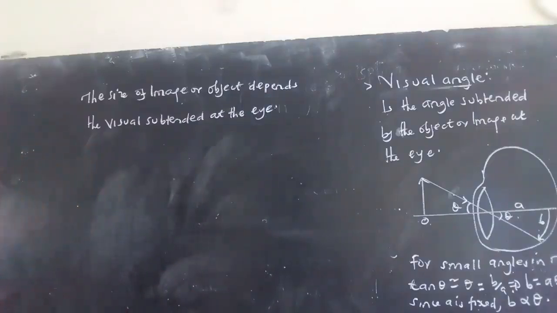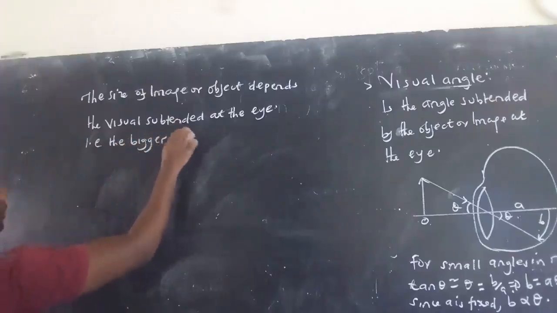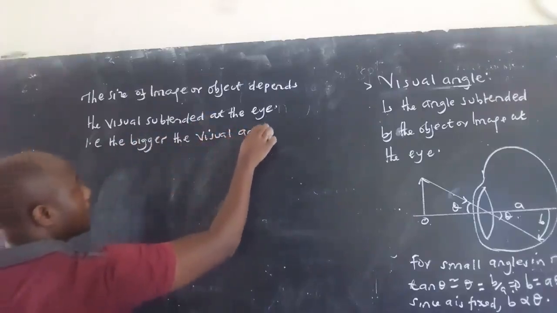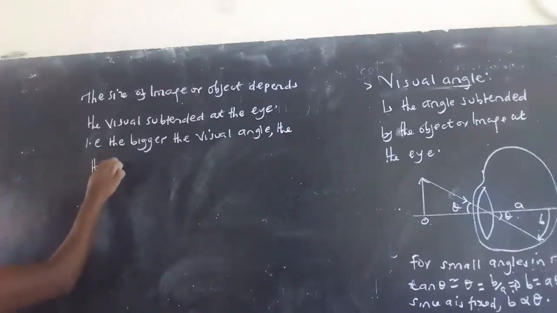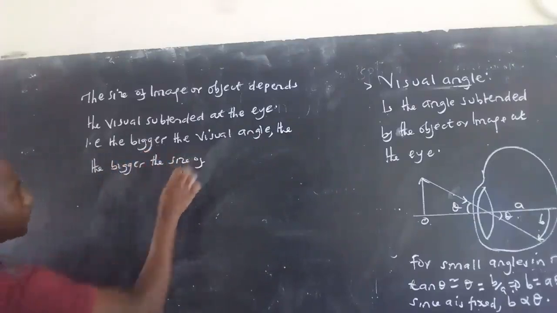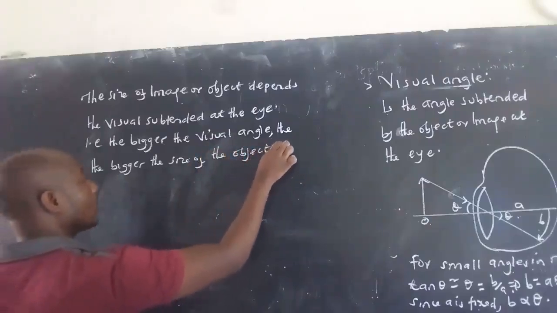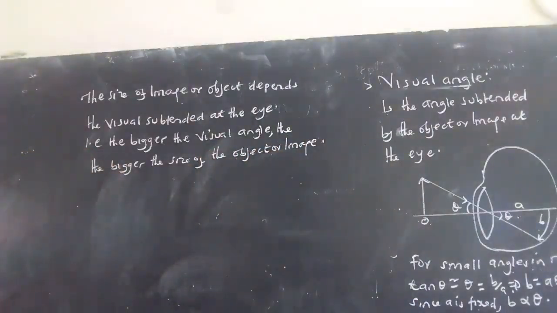So what does that mean? It implies, i.e., the bigger the visual angle, the bigger the size of the object or image.